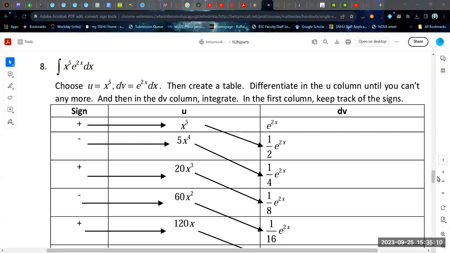For the dv portion of the function, this can be another algebraic function. It can be a trig function, or it can be an exponential function. The key for dv is that it has to be a function which can be integrated on its own, so that it doesn't need to borrow, and nothing is going to simplify in the intermediate process.